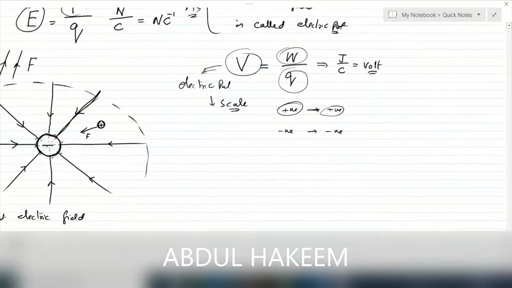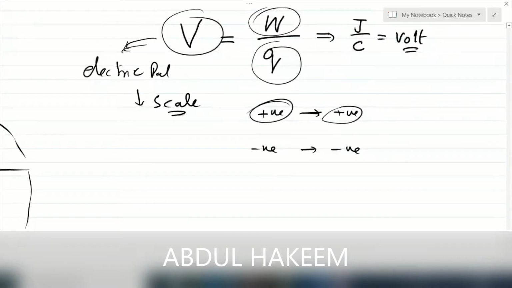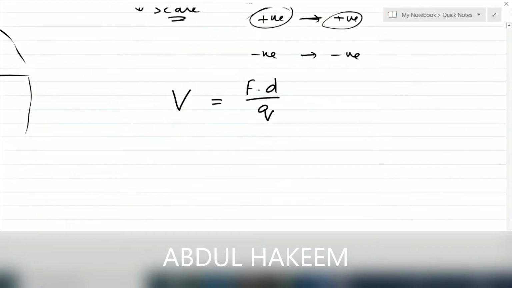Now come to this. Electric potential is the work done per unit charge. Now the work can be written as F into D divided by Q. Now F divided by Q is the electric field strength. So it is ED.